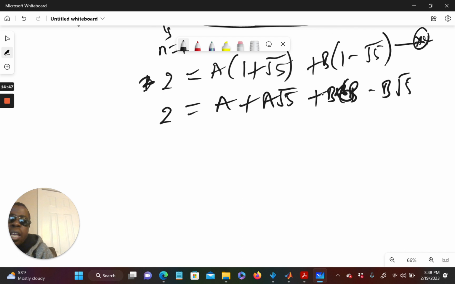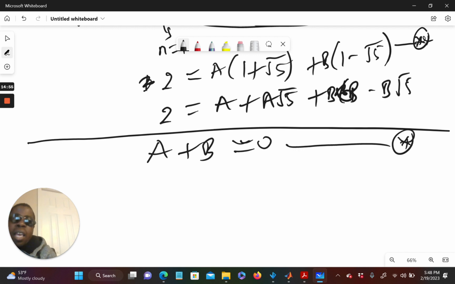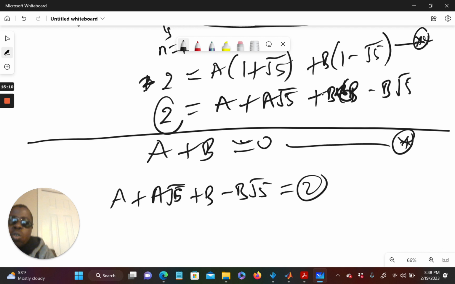So essentially, I now have these two equations: a plus b equals 0, writing it out again, that is equation star, and a plus a root 5 plus b minus b root 5 equals 2. See these two? That is equation star star.